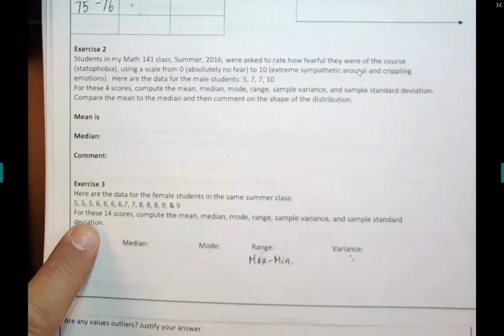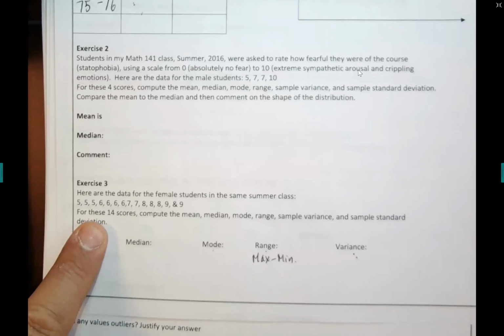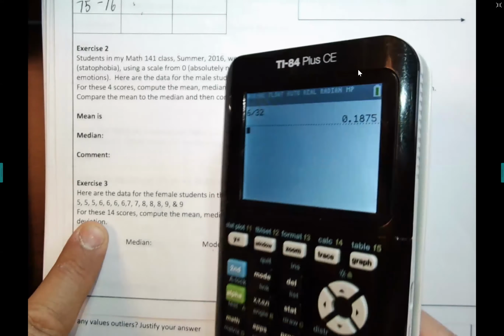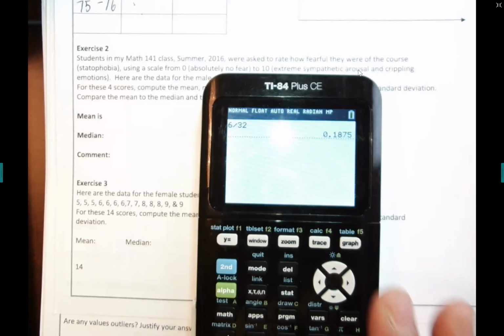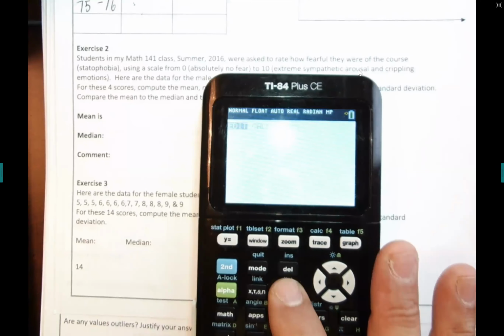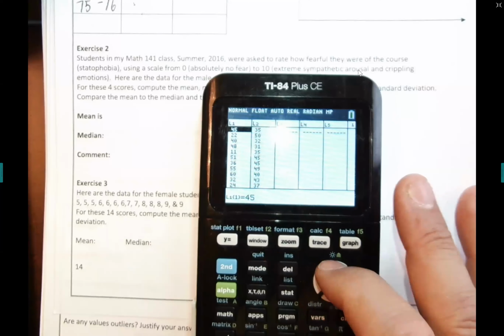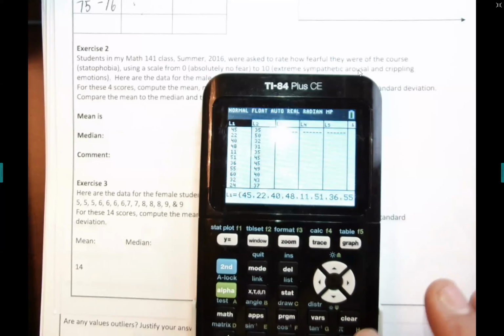Since this is on my handout, you could use StatCrunch, but you have to input the data into StatCrunch. So I'm just going to do it on my calculator. So let's do this. Stat, edit. I'm going to put my data in L1. Look how I clear L1, guys. I hit clear and press enter. Okay, let's enter the data. 5, 5, 5, 6, 6, 6, 6.